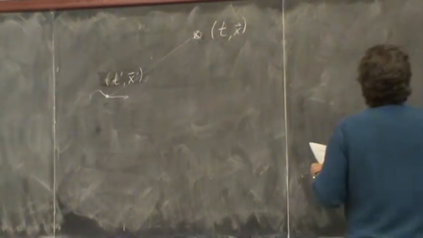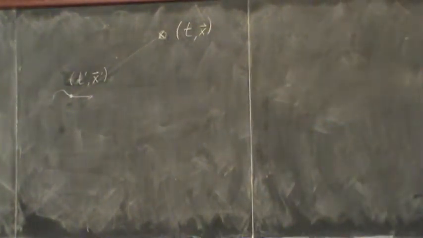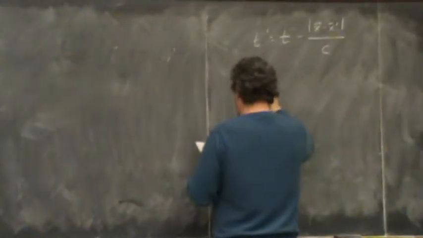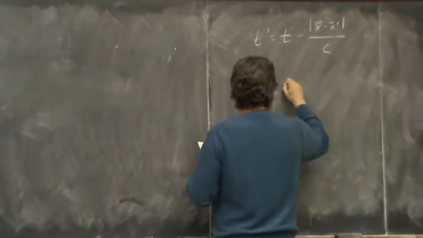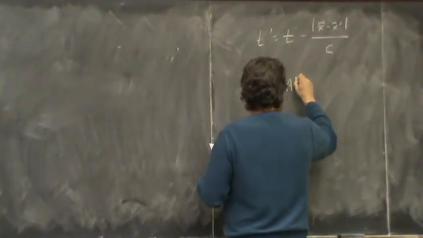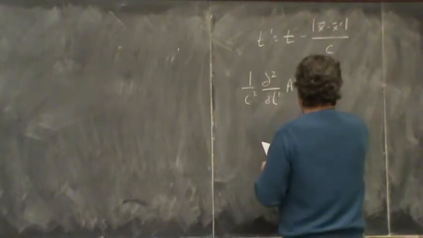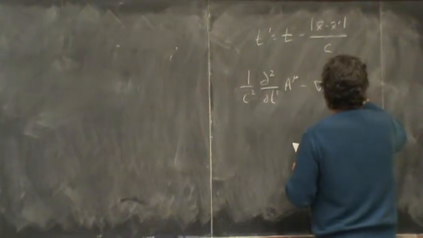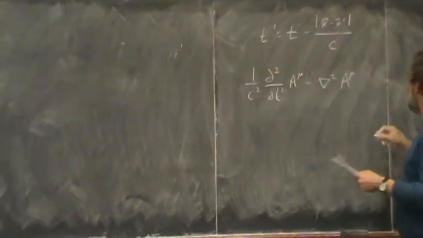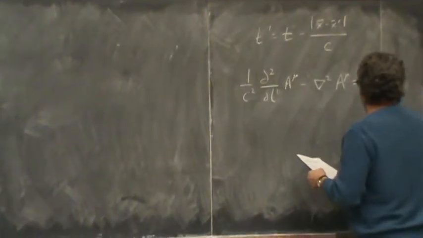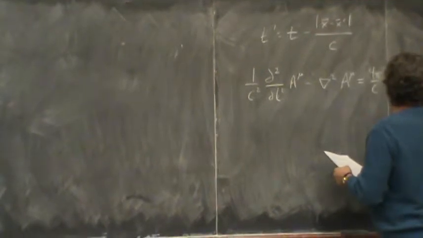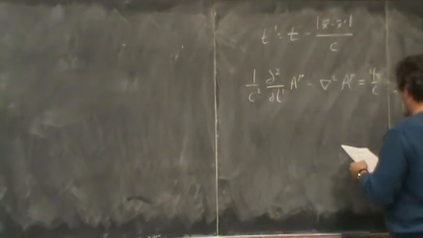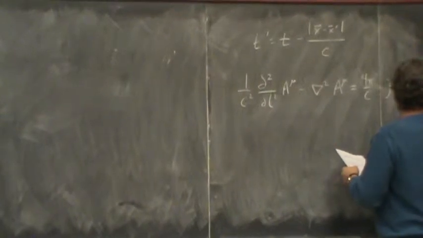But we have a relationship that we want to test: 1 over c squared, d squared by dt squared of A mu, minus the vector del squared of A mu, for all the terms, including the electric potential, is equal to 4 pi over c times J mu at t and x.